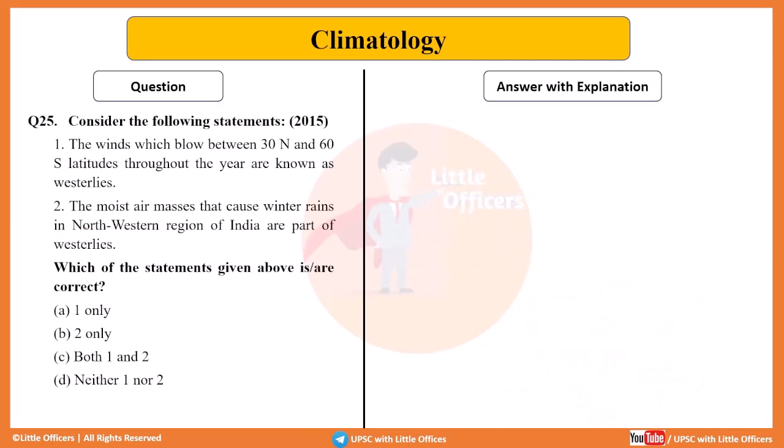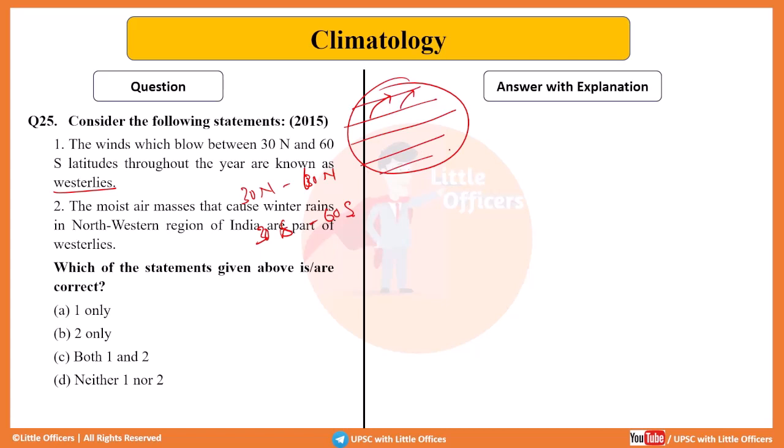Okay, next, consider the following statements. The winds which blow between 30° north and 60° south latitudes throughout the year are known as westerlies. See, westerlies are from 30° north to 60° north and 30° south to 60° south. This is how we come across westerlies, from here to here, and then again here also. So it should be north, not south. So one is wrong.